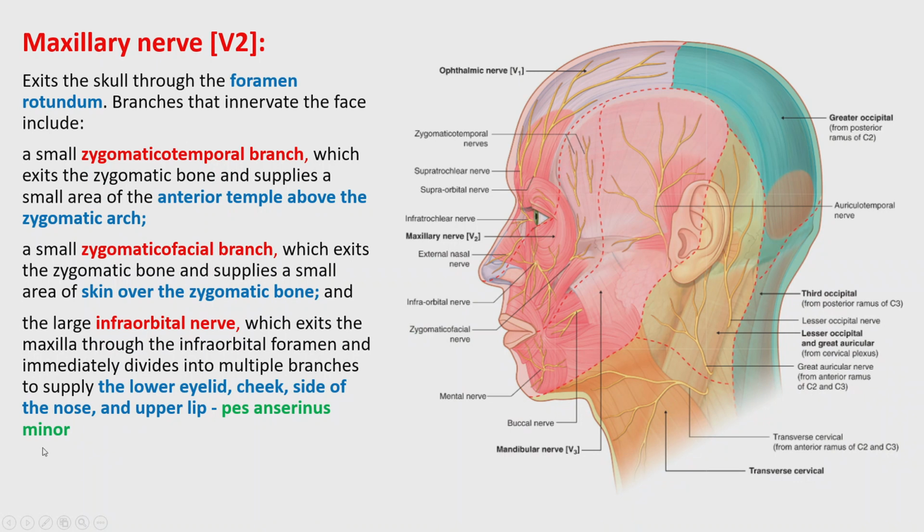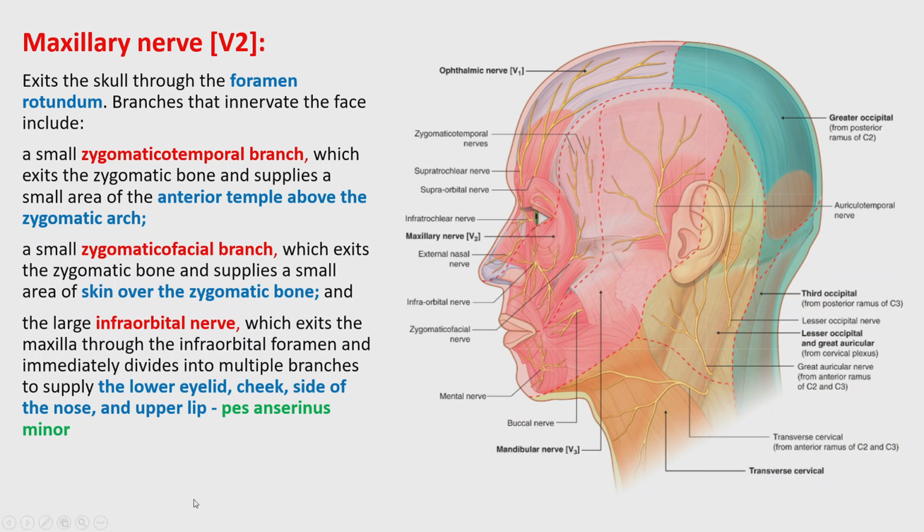You have heard about the pes anserinus major. You know where it was? It was at the insertion of 3 muscles in the lower limb: sartorius, gracilis, and semitendinosus. Yes, just to refresh your knowledge.